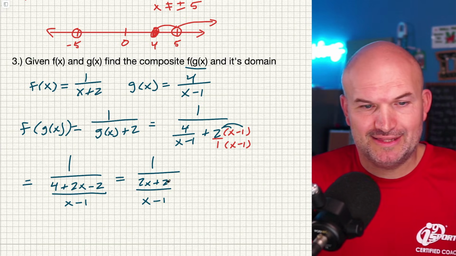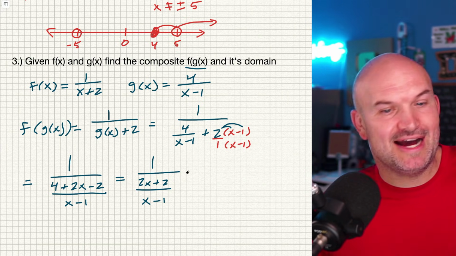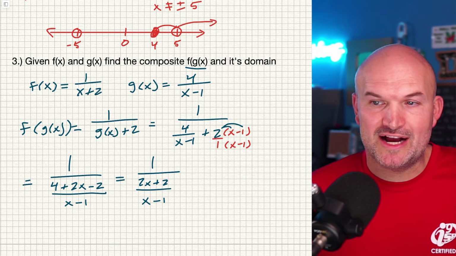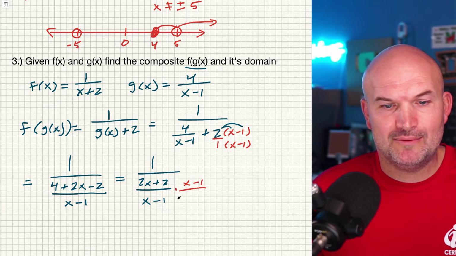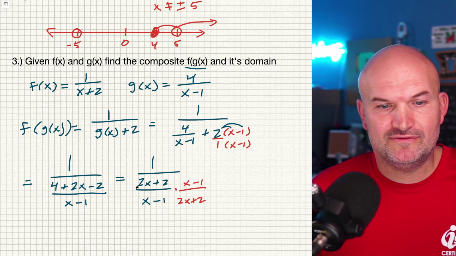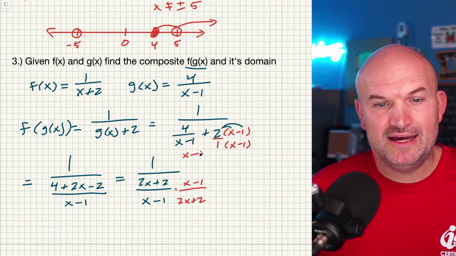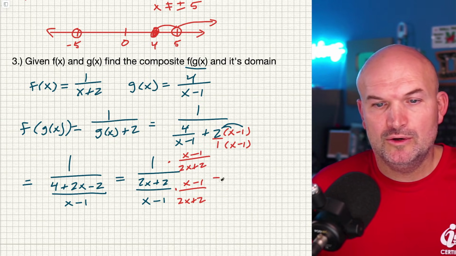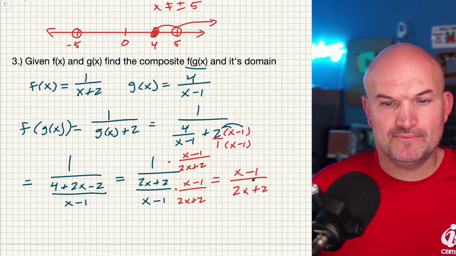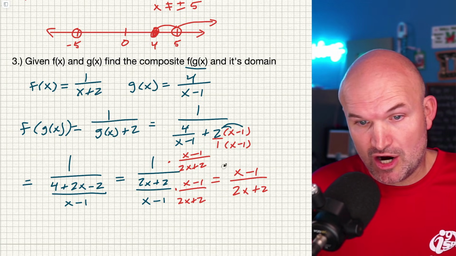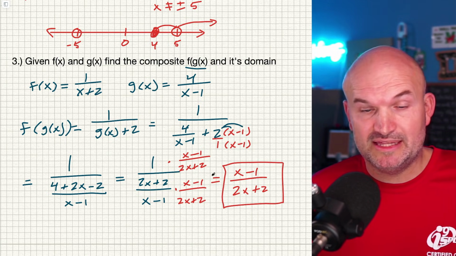Again, you have a number being divided by a fraction, so what we can simply do is multiply by the reciprocal. That's going to get rid of the fraction in the denominator and leave me with 2x plus 2 in the bottom, giving a final answer of x minus 1 divided by 2x plus 2. That is going to be the composition.